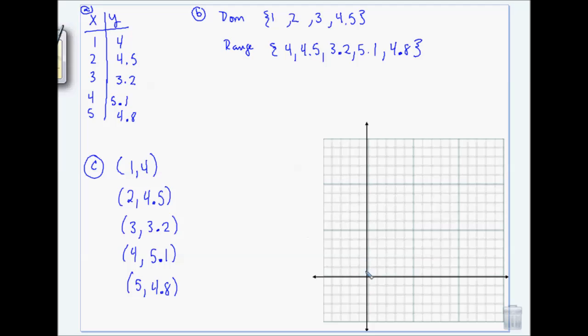First I need to determine my range because I have decimals on my y's, and I'm going to spread it out. So I'm not going to say this is 1, this is 2, this is 3, this is 4. I've got 5. So this is going to be 15 lines right here.